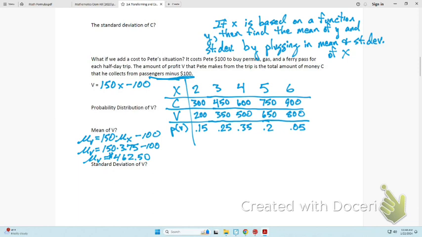Remember, we talked about it at the very beginning of this document. The minus 100 has no effect on standard deviation. So that means the standard deviation of V is identical to the standard deviation of C. Whoops, why did I write mu? That should be sigma, sorry.